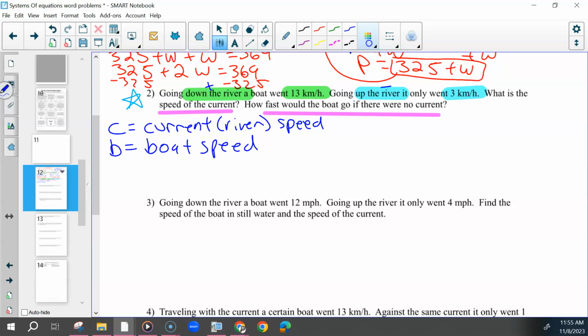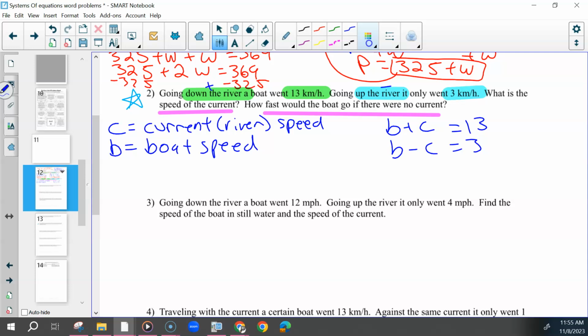It'd be very similar to the last one. What equals 13? Sorry, I missed the first one. B plus C equals 13, B plus C, doesn't matter, yep. And then how would we set up the second one? B minus C equals 3. Same thing here. We're getting rid of the help that the river was giving us. So we're subtracting the current, the river speed, guys, not the boat speed.